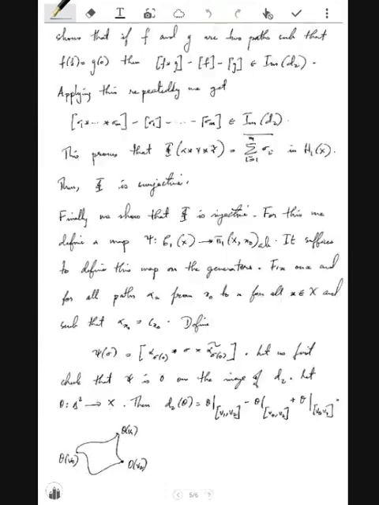So thus psi of T2 of theta is equal to alpha theta of v1 star, sorry, there's a typo here.